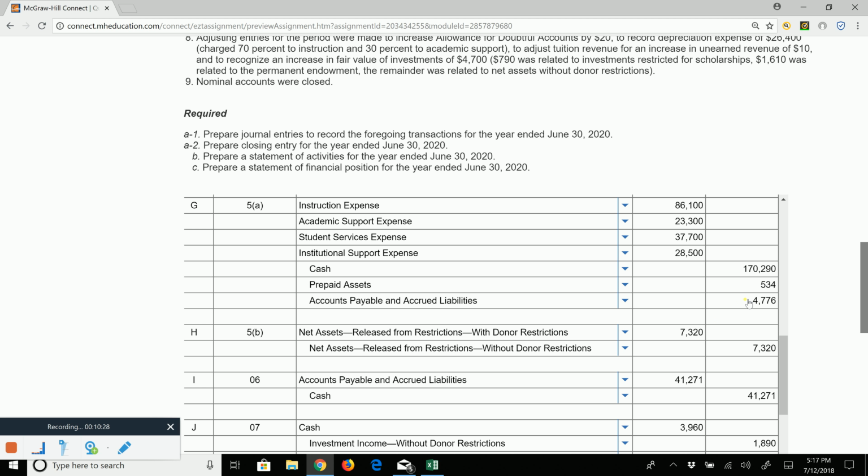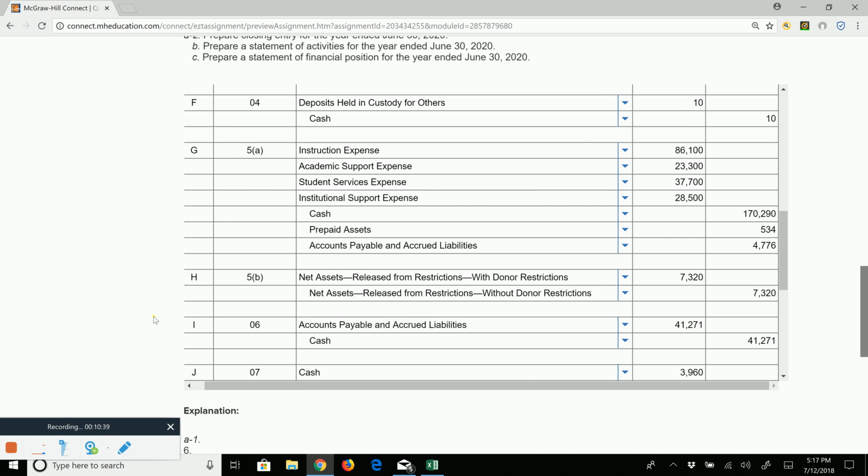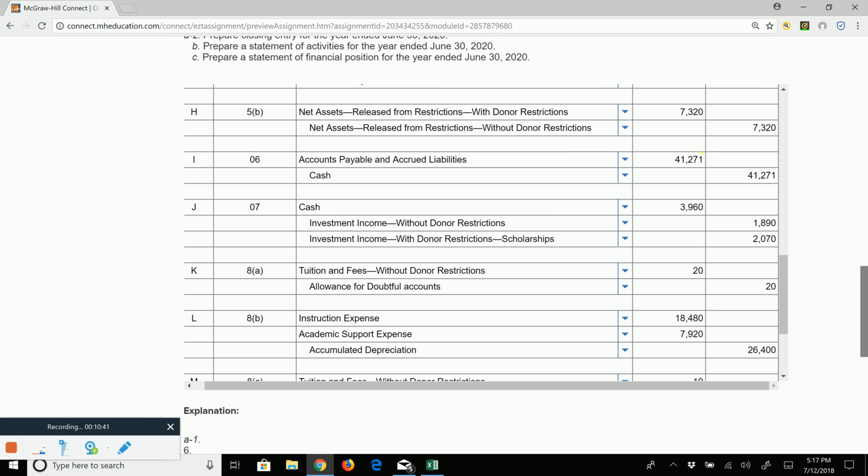And we increased it again, $4,776 in 5A, minus what the ending value was. I think the author said $1,935. If you do the math, that means $41,271 in accounts payable was paid. Debit the payable and credit cash, reduce cash.